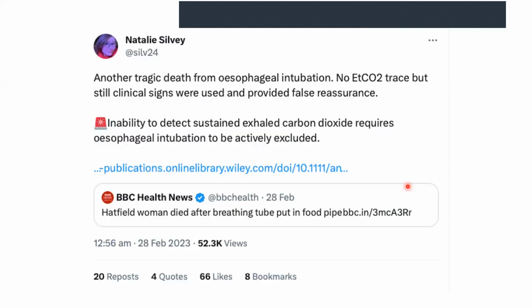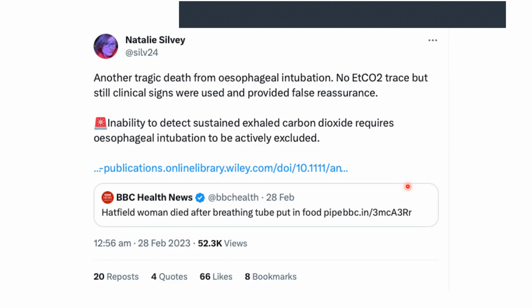This one I just want to share, one case of esophageal intubation. From this case, what they conclude is that it is CO2.